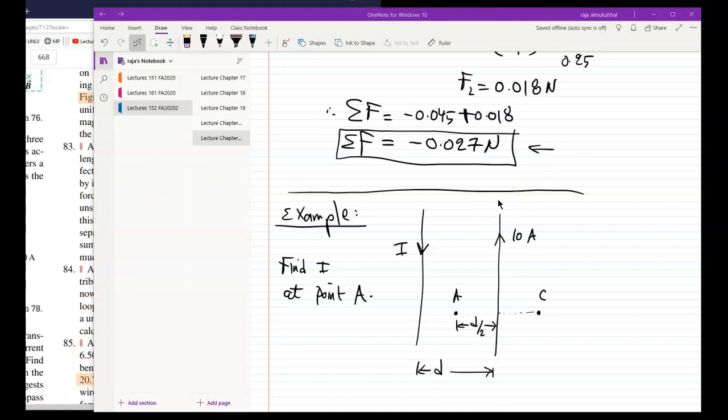Find B net, I wanted to say. I have my B net at point A. And find I such that B net, which is the net magnetic field at point C, is 0.